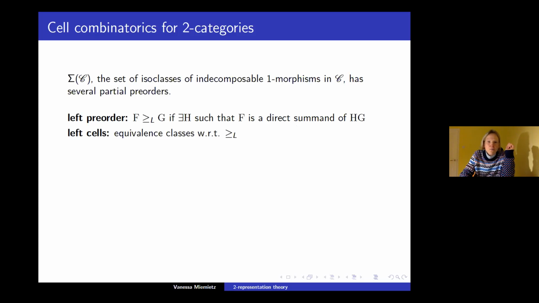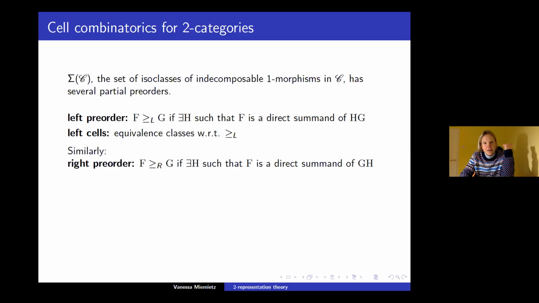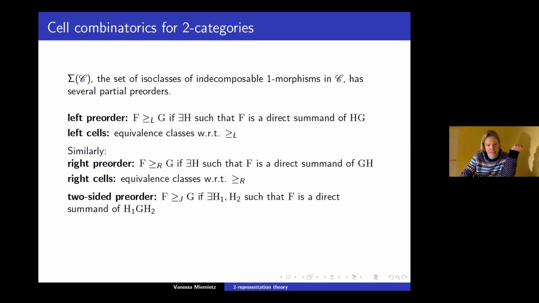And then, of course, once we have a partial preorder, we can look at equivalence classes, and those are called left cells. And then we can do the same thing on the right. We say f is right greater than or equal to g if I can multiply g on the right by something and get f as a direct summand, and that gives me right cells.